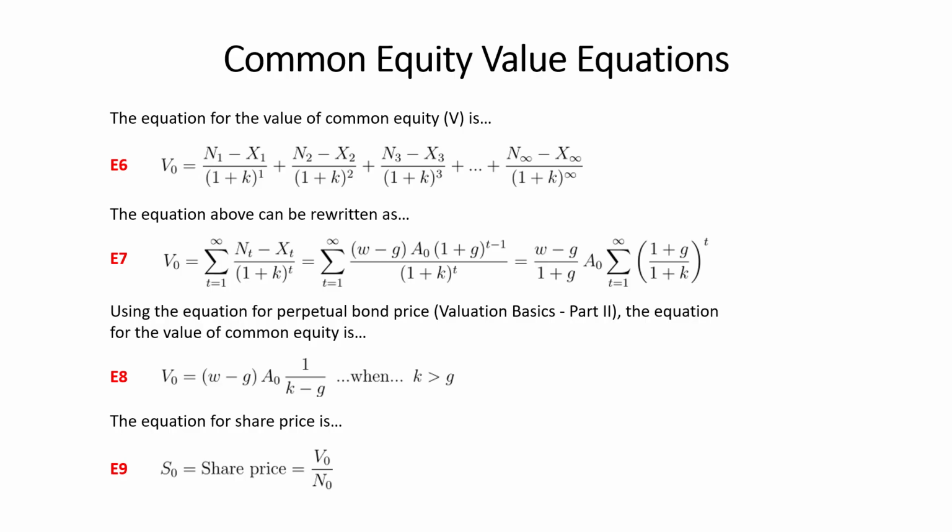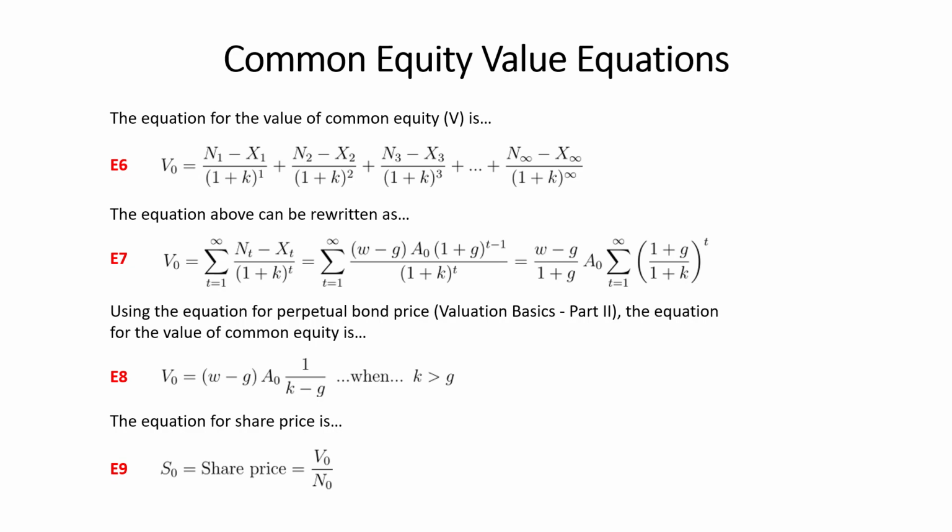Really what that is, for example, in period 1, I take my net income in period 1 minus my investment that I have to make in period 1. Whatever the difference is, that's what I can pay out as dividends to my shareholders, and then I discount that at 1 plus k. The same thing for year 2. I take net income in year 2 minus my investment in year 2 and discount that at 1 plus k to the 2 power. And I go all the way to infinity.